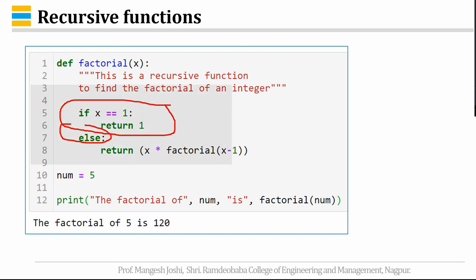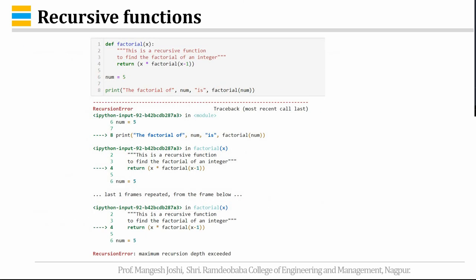So what error is it giving me? Maximum recursion depth exceeded, and hence the program will stop, and it is not displaying any factorial. So you have to keep in mind that you have to give a baseline condition.